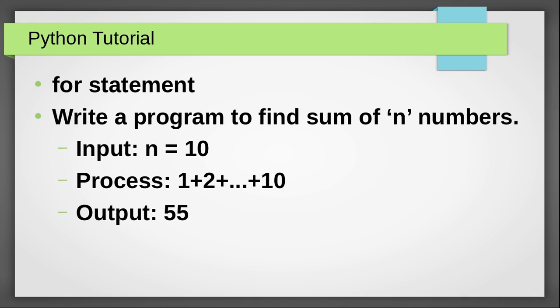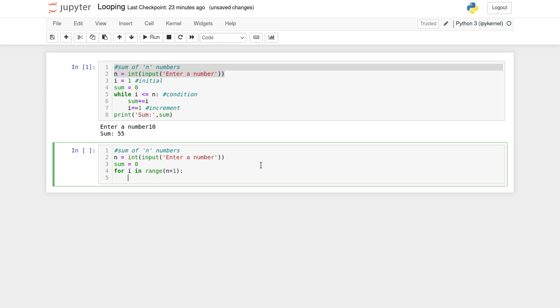Suppose, look at the input value. Our n value is equal to 10. So range of 10 plus 1, range of 11, and then here sum plus equal to i.